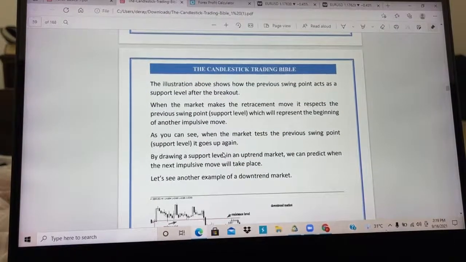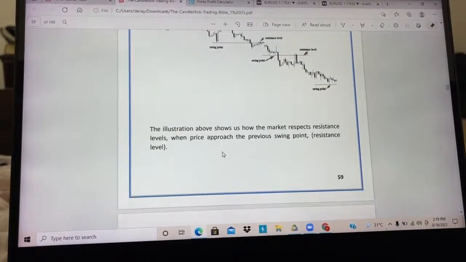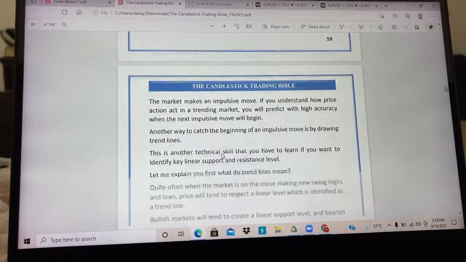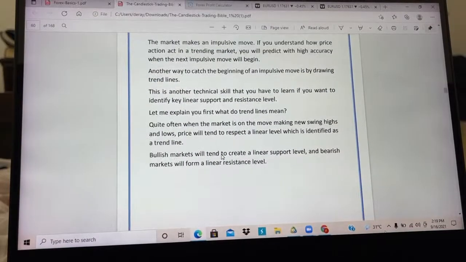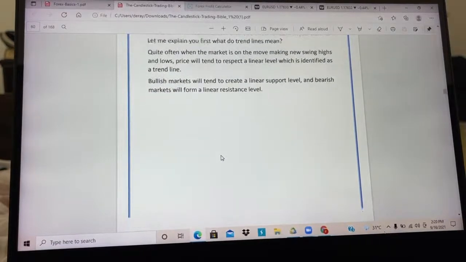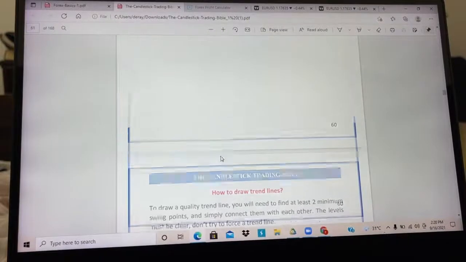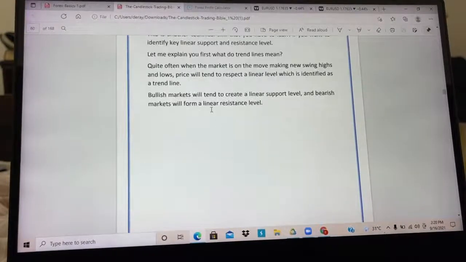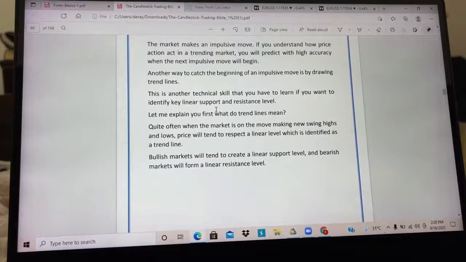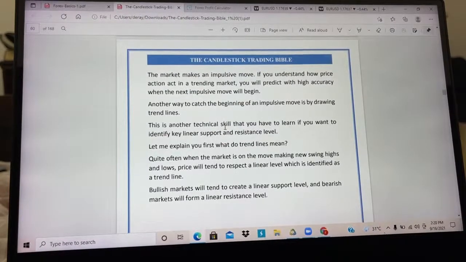Now, let us carefully get some definitions correct on our support and resistance level so that we fully understand what it really is. In our book, they don't necessarily tell us exactly what support and resistance is.